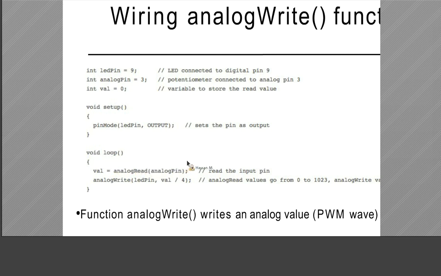Value is analogRead from the analog pin. What's the analog pin? Analog pin is A3, okay. Read A3, then analogWrite to our LED pin. What's it? Pin 9, a PWM-supporting pin, okay. Value divided by 4, that we said for mapping between the 10-bit ADC output and 8-bit PWM timers, okay.